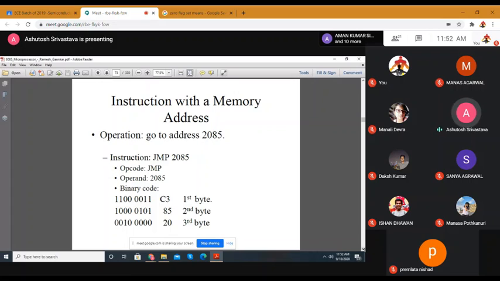So now we talk about another type of 3-byte instruction. Previously we talked about 2-byte instruction. Now we talk about the 3-byte instruction. So here we are using the jump statement. Jump directly to a particular memory address, which is 2085.